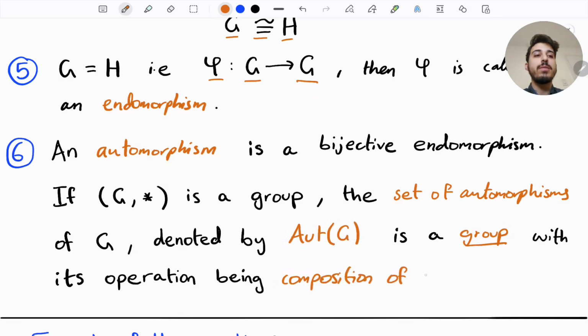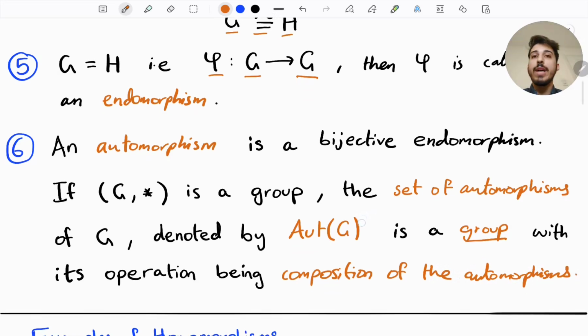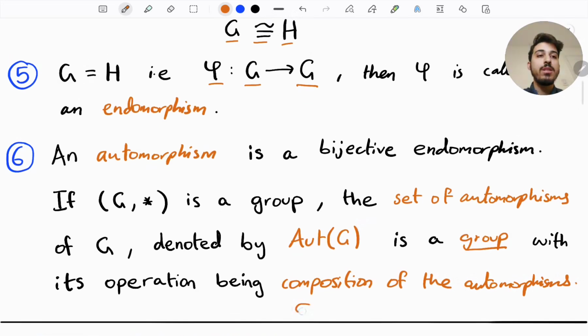Composition of the automorphisms. In other words, if we had an automorphism sigma in Aut G, and we had another automorphism tau, then we can compose them together to have sigma followed by tau. That is also an element in Aut G.